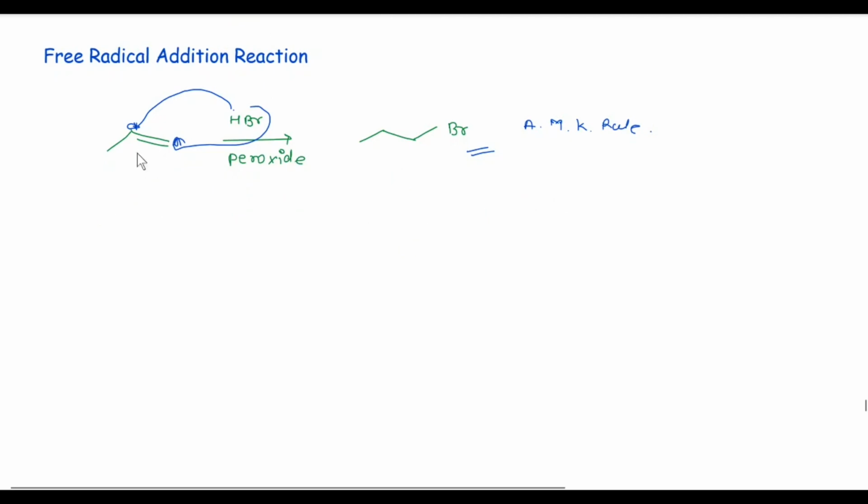So let us see the mechanism of this free radical reaction. In the first step, generation of free radical from peroxide takes place.